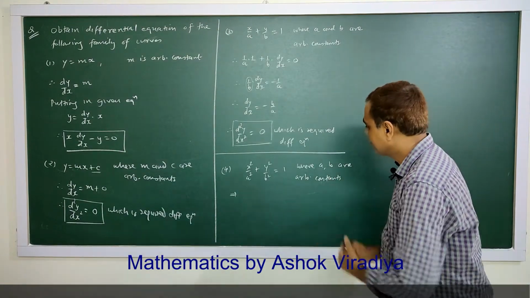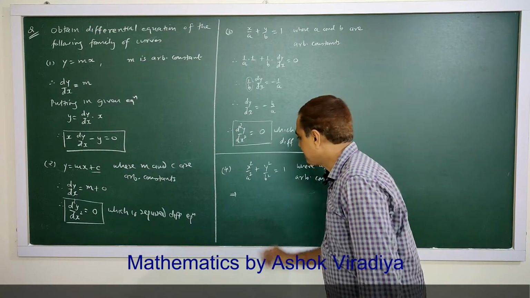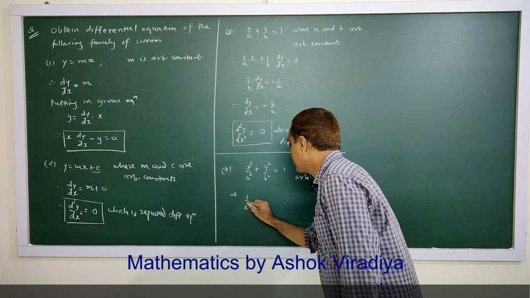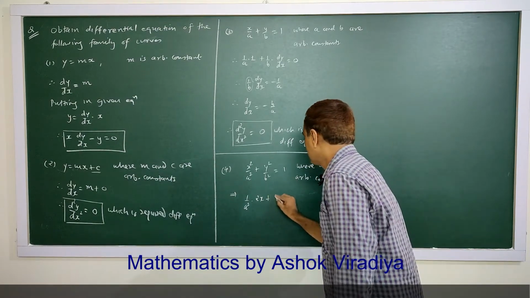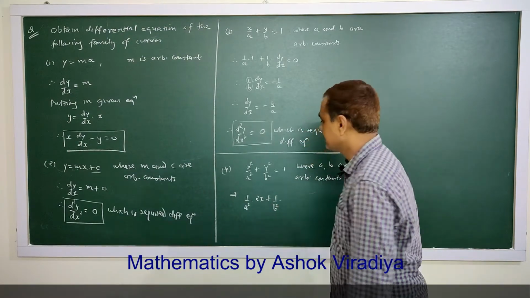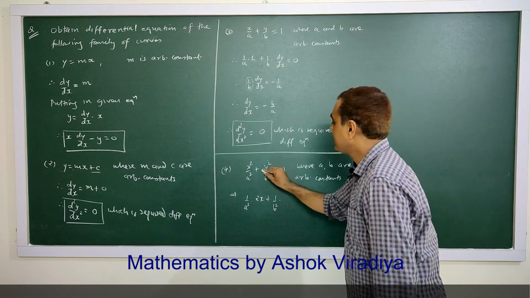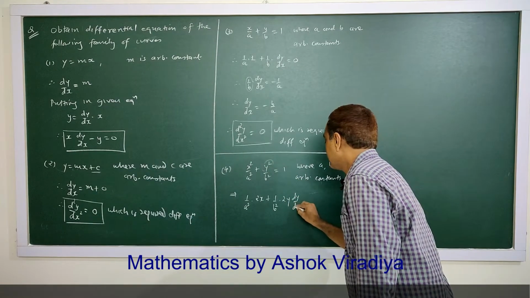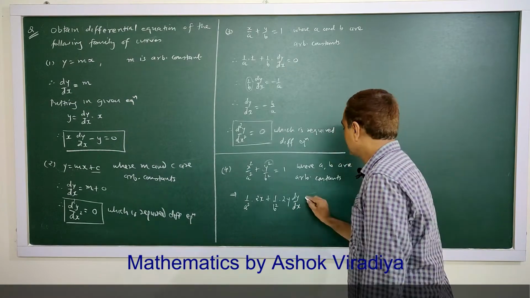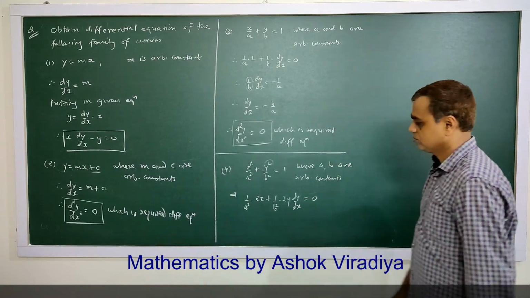So let us start differentiation. Differentiating the first time: 1 upon a square into 2x plus 1 upon b square, keep as it is, derivative of y square is 2y into dy by dx, equal to 0.